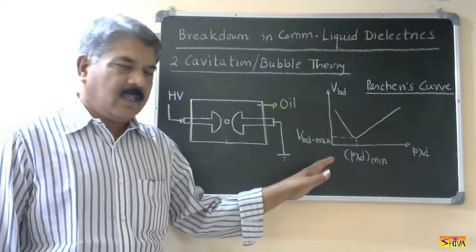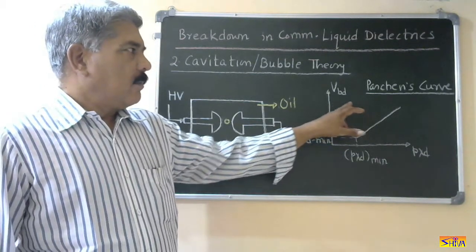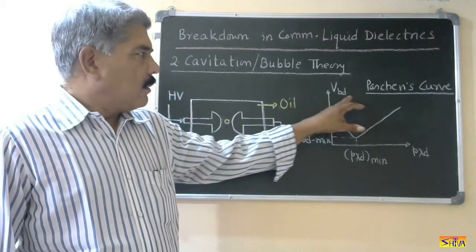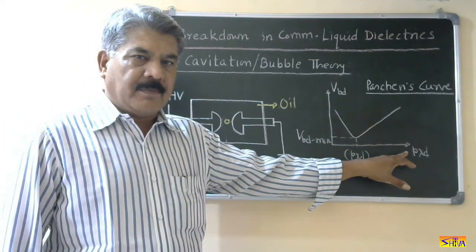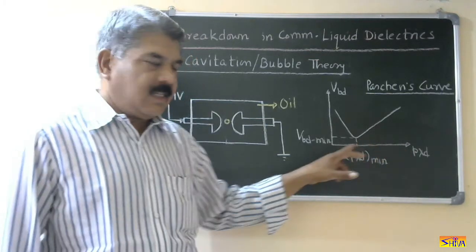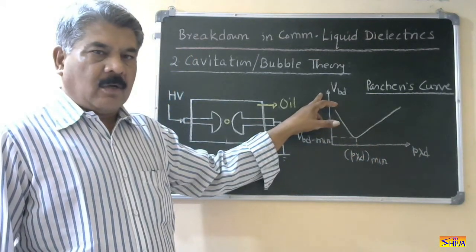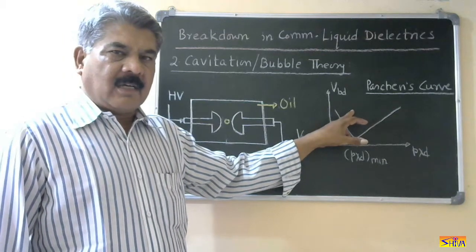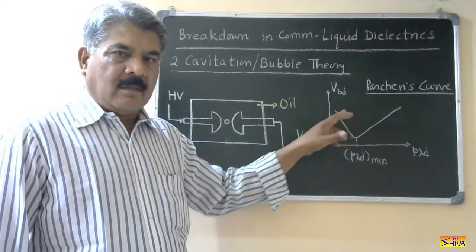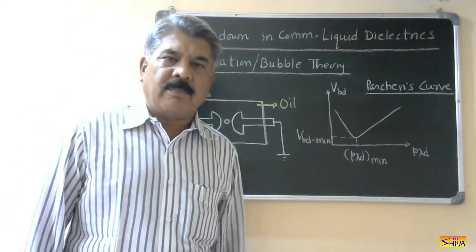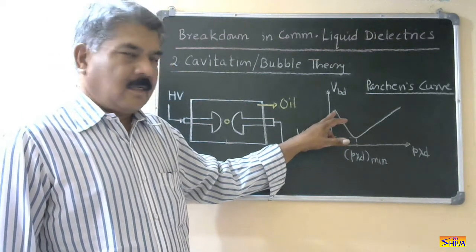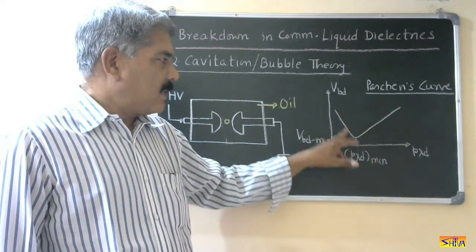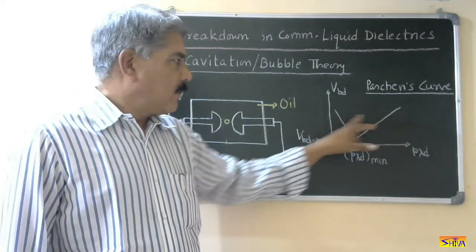Now let us recall Paschen's curve. Paschen's curve we have drawn by taking pressure times distance between the electrodes (p into d) along the x-axis and breakdown voltage along the y-axis. I had explained this Paschen's curve in the theory of breakdown mechanism in gaseous dielectrics. So this Paschen's curve has a unique nature like this.